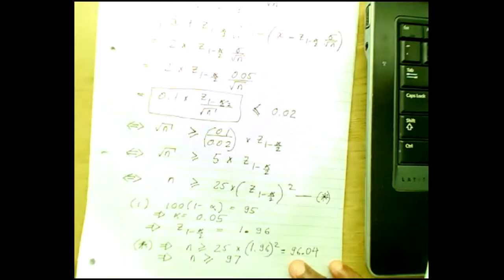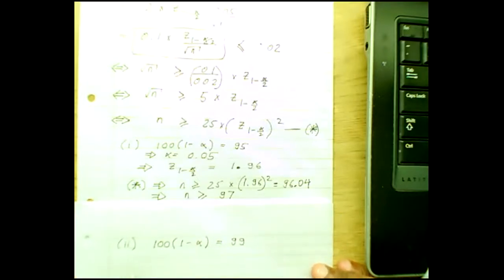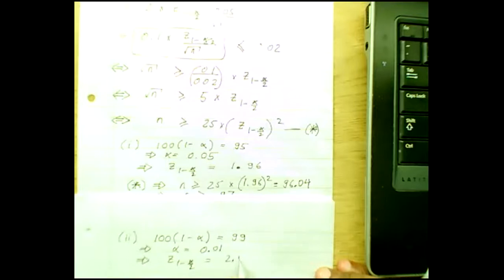To do the second part, I'm going to take 100 times 1 minus alpha to be 99%, which implies that alpha is 0.01. So z of 1 minus alpha by 2, if you read this off the table for the normal distribution, will be 2.58.